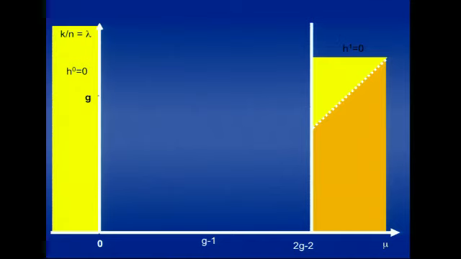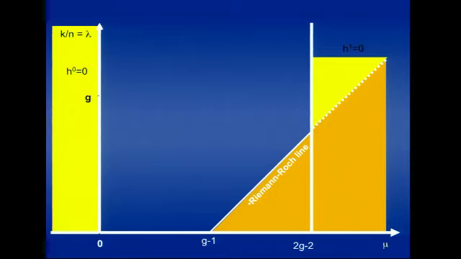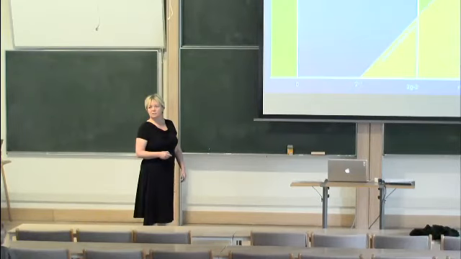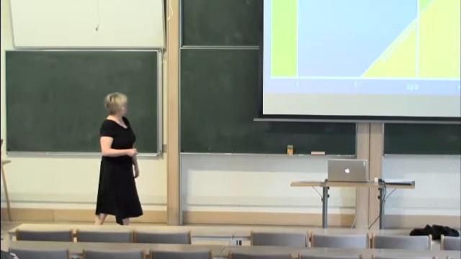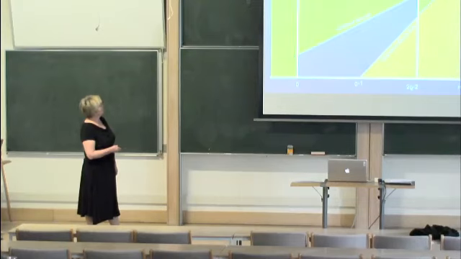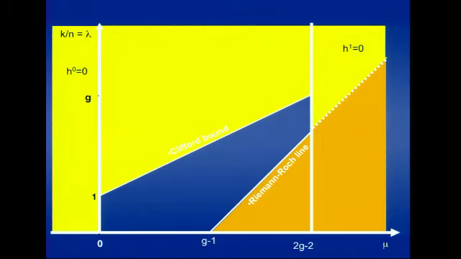For degree less than g-2, H^1 equals 0, so this piece, the yellow here, would be empty by Serre duality. Then the Riemann-Roch theorem, the brown and orange piece, is completely solved by Riemann-Roch. So this is not interesting from the point of view of Brill-Noether theory. And this is the Clifford bound, so there would be nothing above. So this is the area that we are studying.